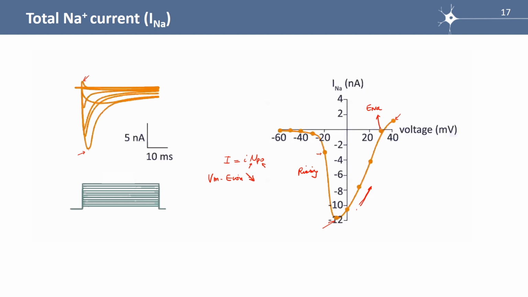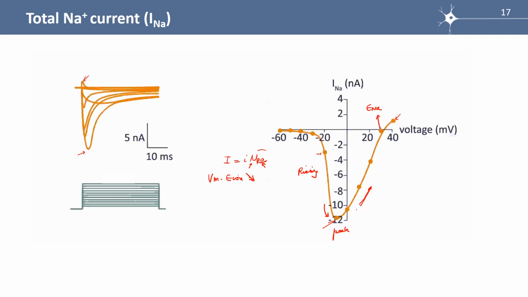And from minus 60 to plus 40, the driving force decreases. But at the same time, on the first part, the probability of opening increases. So this is the one which wins, so that now the current increases in amplitude to a peak of the IV curve, where the probability of opening is maximal.